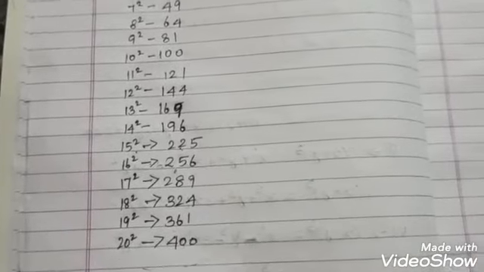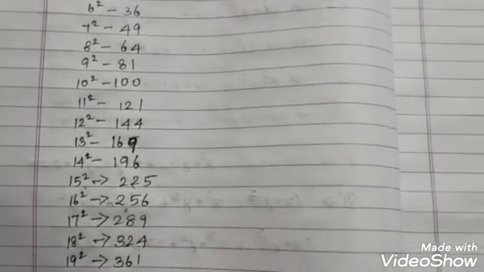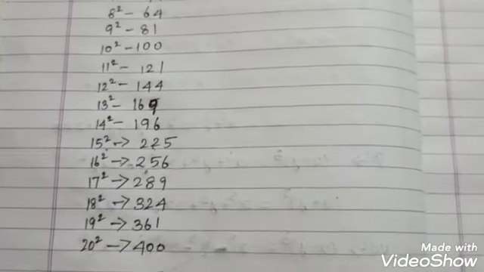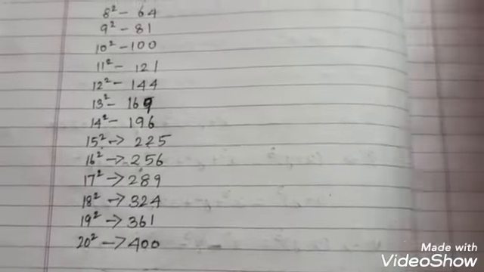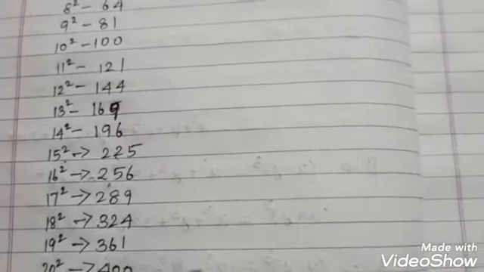Apart from that, after 20 square, how do you find the value of squaring numbers? I give you a shortcut method for the 10 series and then the 20 series. The 10 series is one method, the 20 series is a little bit different, not too much. Let me show the shortcut method.